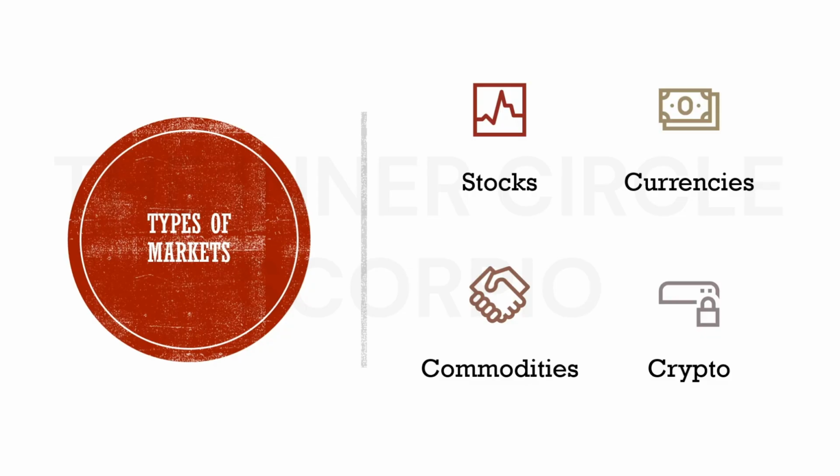Currencies are like dollars, euro, yen, Australian dollar, and their pairs like the USD euro pair or yen USD pair. These are currency markets. Then we have commodities markets, which can be gold, silver, oil, tea, whichever commodity is being traded throughout the world. And crypto came out recently after 2010, is a digital currency, can be Bitcoin, Ethereum, XRP, which are the most famous ones. So these are the four types of common markets that people trade in.